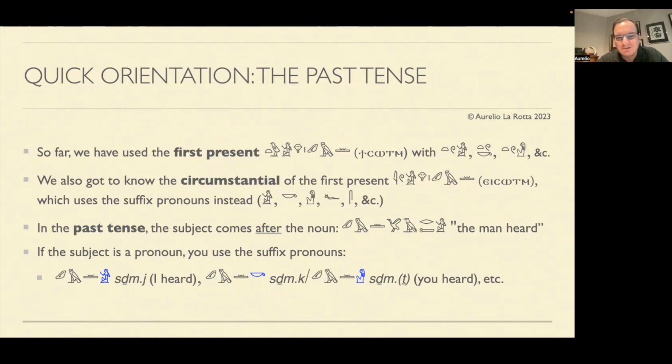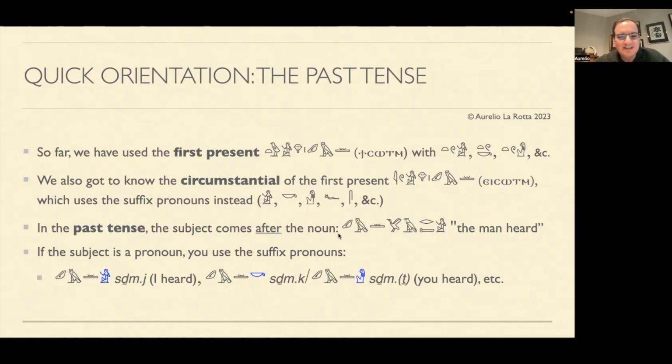So the pronoun comes first, then comes the preposition, and then comes the infinitive, because this is essentially an adverbial sentence. We've also had the circumstantial of the first present, which is basically the particle iw plus the suffix pronoun, and then followed by hr, and then again the infinitive. In Coptic, that becomes the circumstantial, a sotem, as I am listening, basically.